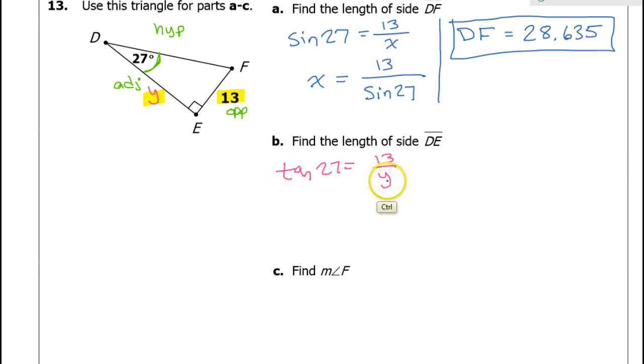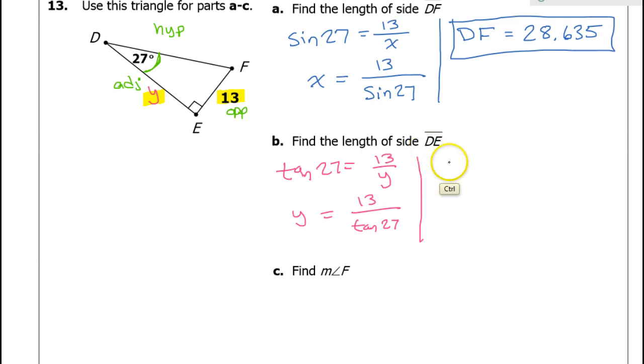Again, when you have the variable in the denominator, that's when you want to swap these. So this will become y equals 13 over tangent 27.